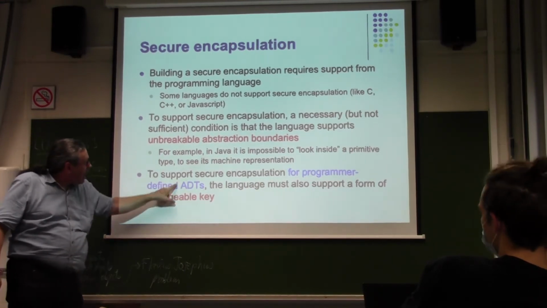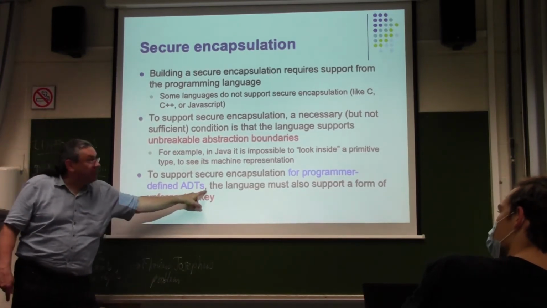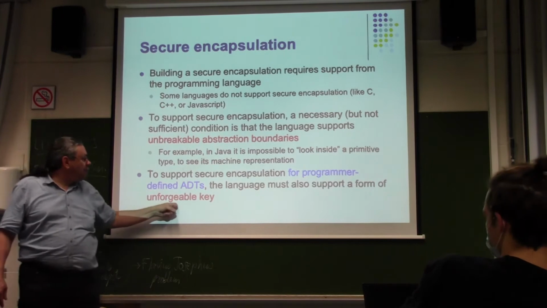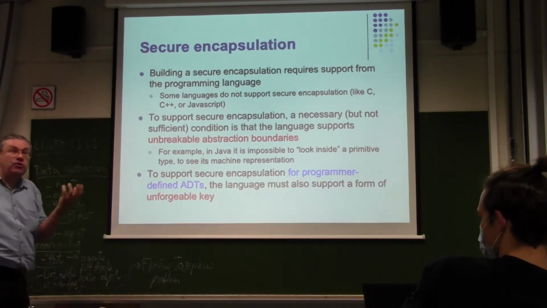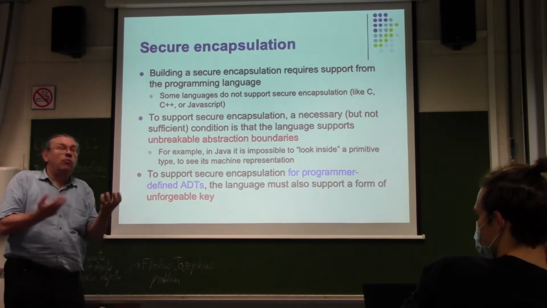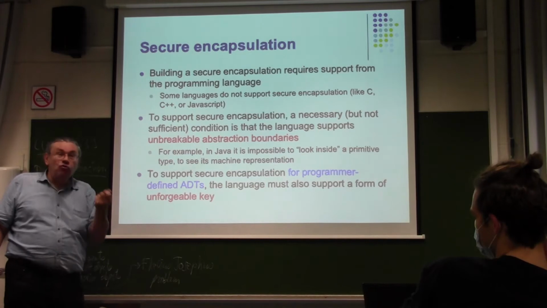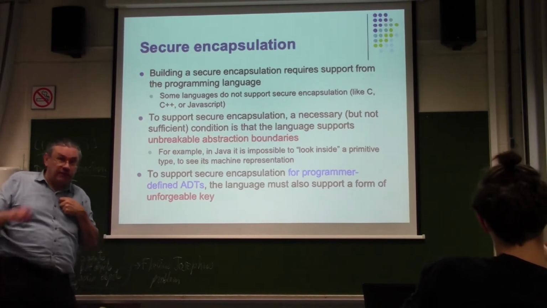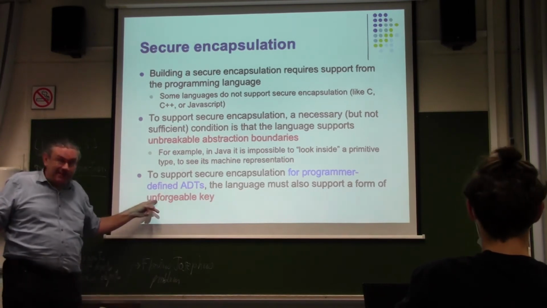But if we want to make abstract data types, we need a special concept in the language. An unforgeable secret, a key, a value, which is a value, like a constant, like 1, 2, 3, but that you cannot forge. That means if I don't know the value, I cannot create it. Okay? Integers, of course, are not like that.